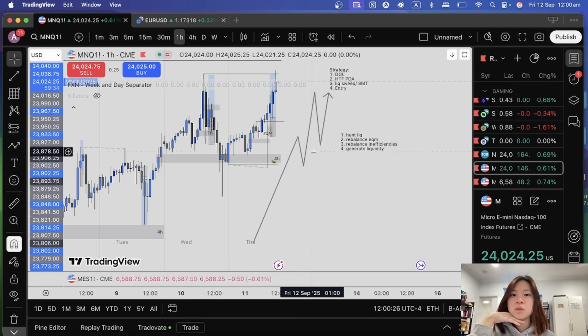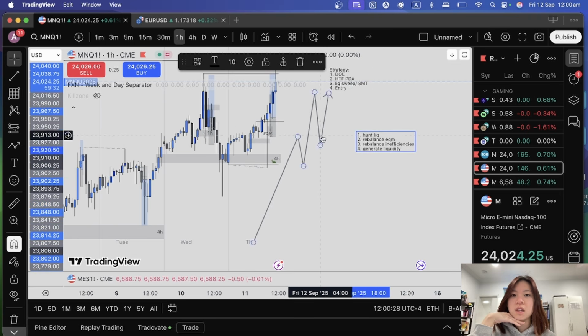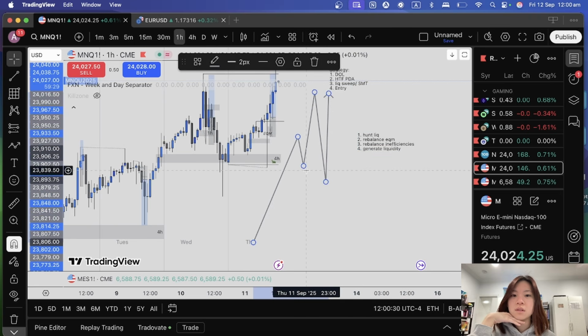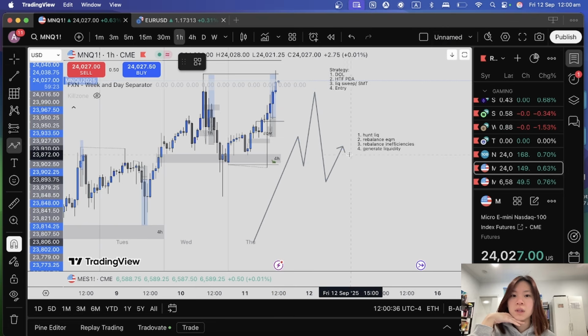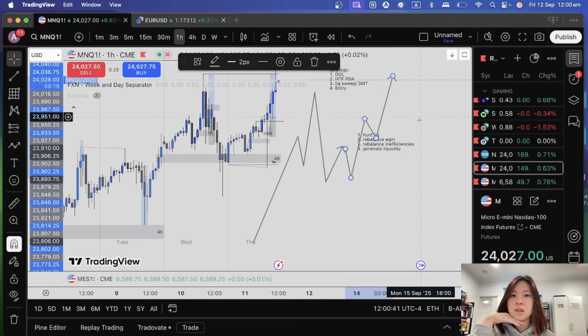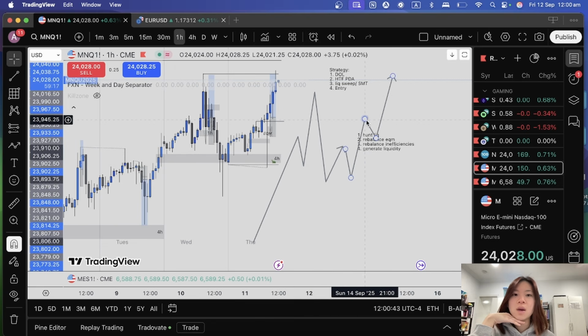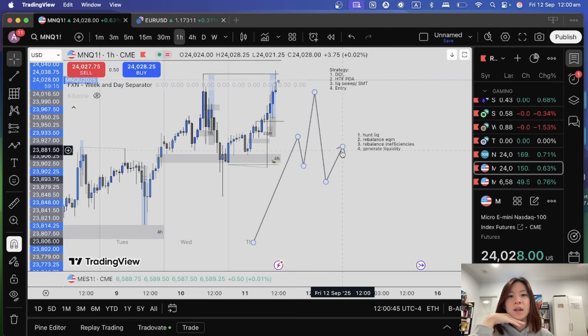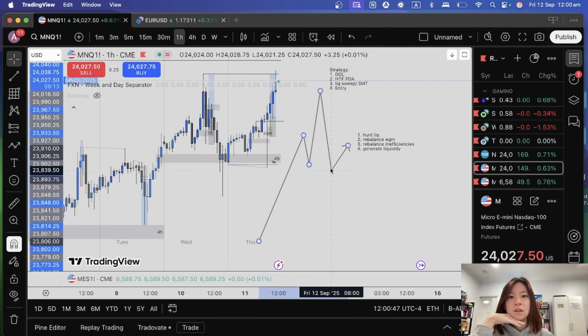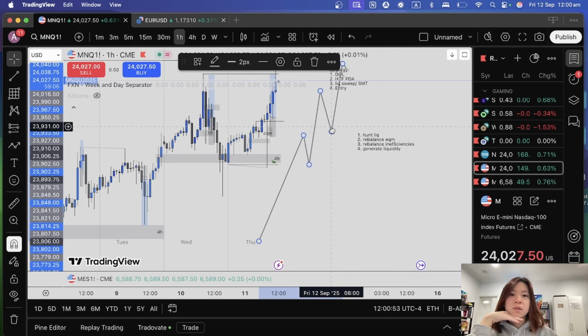For price to do these things, it needs to first go back into equilibrium, then start to go back up, right? Then displace, and then continue upwards. That is what price looks like. Price does not go up in a straight line like this, like what I was doing. That is not what price looks like in general.